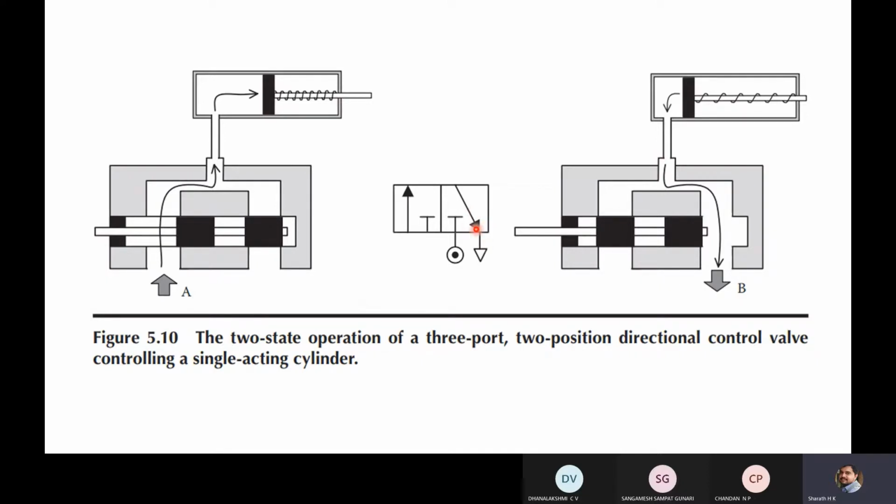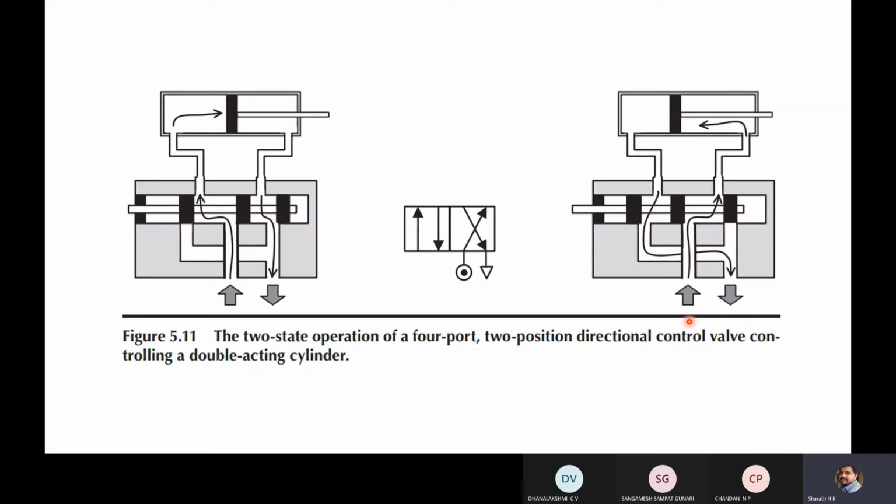During this position there will be no path for movement of air from this port and this one, so here it will get blocked. Next, air can flow from this port to this one. Now because of the spring in the single acting cylinder, it will retract, there will be retraction stroke, and air collected inside the cylinder will come through this path, this port and this one, and it will escape to atmosphere, or it will be circulated in the line.